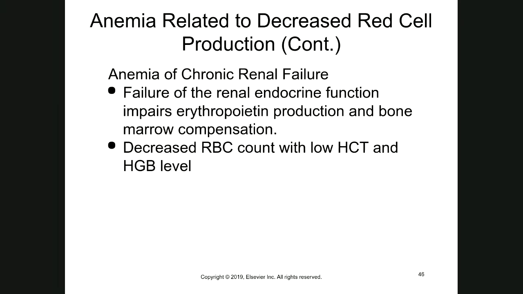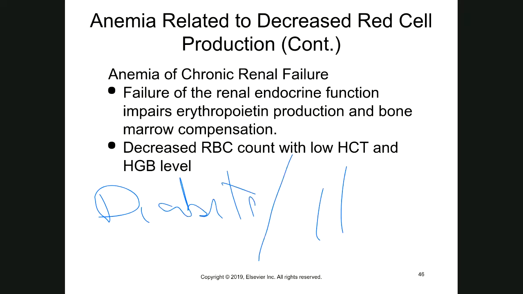Now I start basically here: anemia of chronic renal failure. Remember that the kidney, in a person that has any kind of onset of problem, for example diabetes or high blood pressure, these two can damage the kidney in the long run.